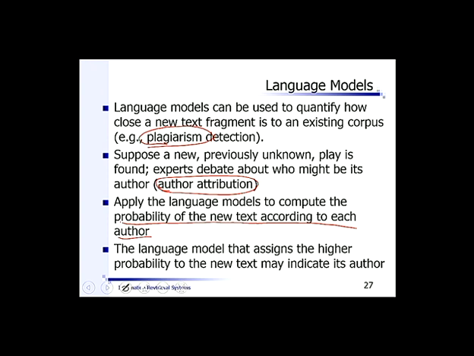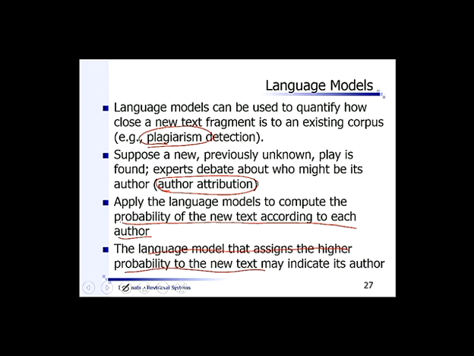From these plays, we can develop a language model, and then we can apply this language model on the new unseen text to measure the similarity. For Shakespeare, we have developed a language model. For the other authors, we may have developed language models. So the language model that assigns the higher probability to the new text may indicate its author.